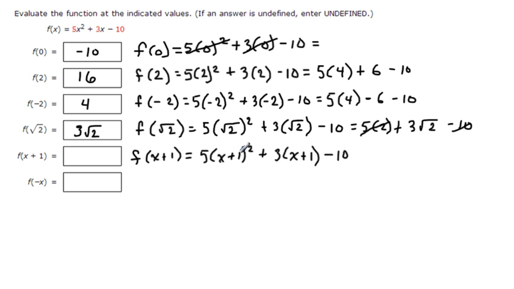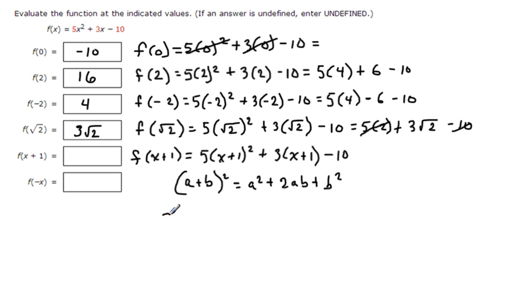Now, this time we are squaring a binomial. So when you square a binomial, we're going to use this expansion here. Here's a binomial, and recall that if you square a plus b, you square the first term, you have 2 times the first term times the second term for your middle term, and for the last term you wind up with b squared.